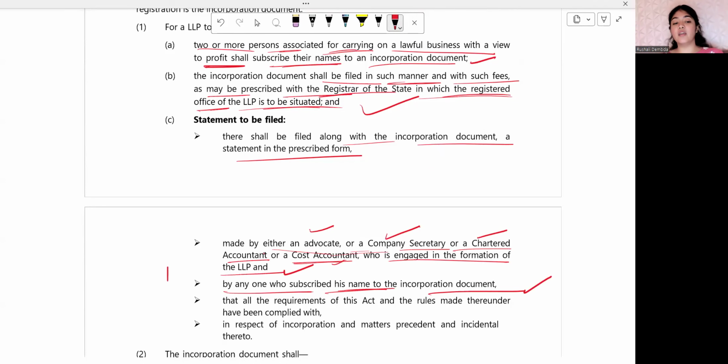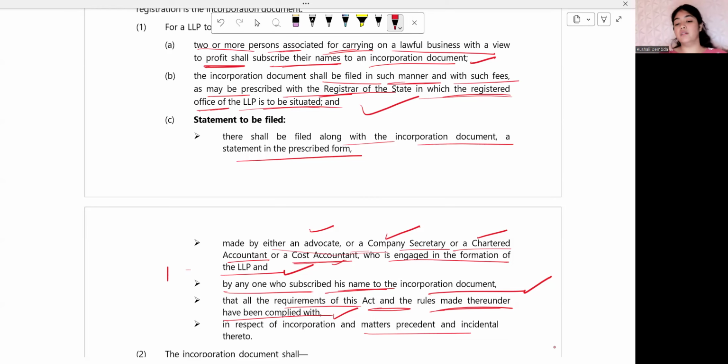Any partner can also make your statement that all the requirements of this act and the rules made thereunder have been complied with. In that statement, you have to mention all the requirements of the act and rules that are there, that we are complying with them, we are following them, in respect of incorporation and matters precedent and incidental thereto.